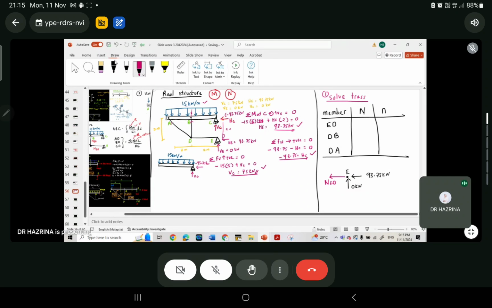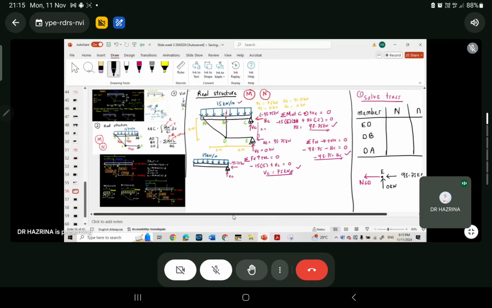Samalah juga bila you buat untuk joint, let's say kita ambil joint D. Bila you dah dapat NED, dalam case ni your NED would be 93 lah. You akan dapat negative 93.75 kilonewton.